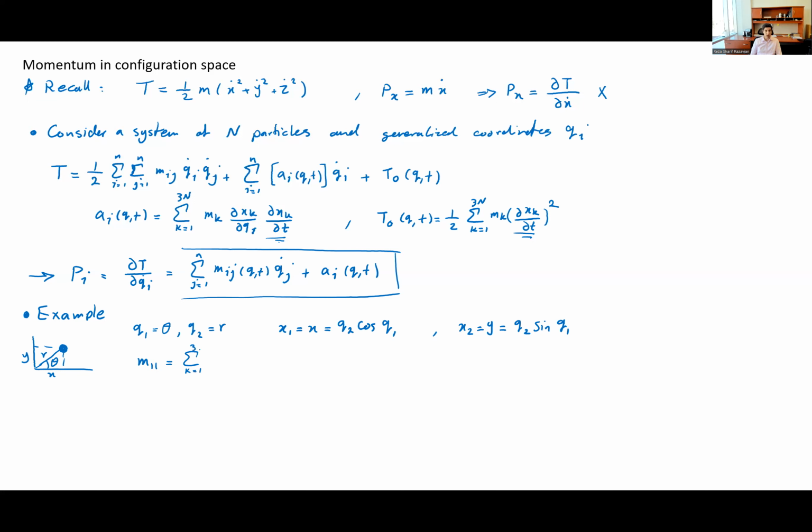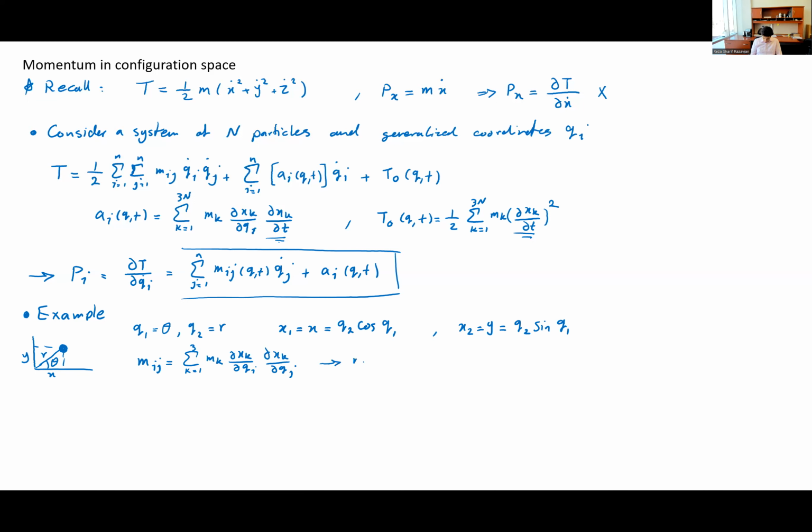In this case, I only have one particle. In general form, it is the summation of mk partial xk partial qi times partial xk partial qj.